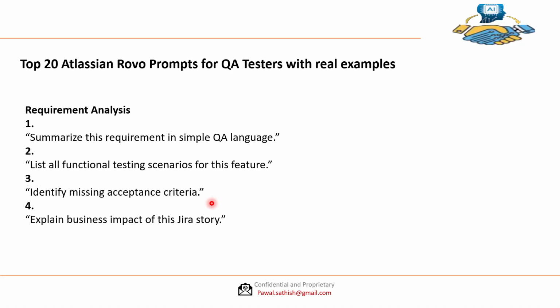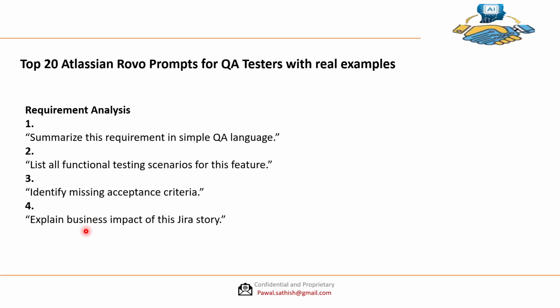If the product owner forgot to add acceptance criteria, with the help of Rovo we'll identify it and ask the product owner to add the missing acceptance criteria. It is also helpful for the business impact of this Jira story: what will be the impact of this story? These are all the Rovo prompts I identified for requirement analysis.